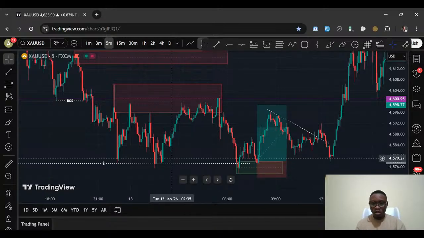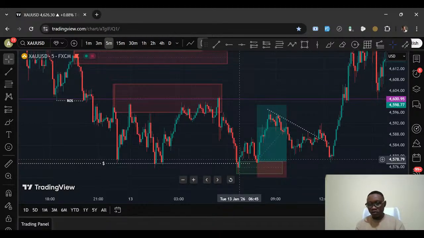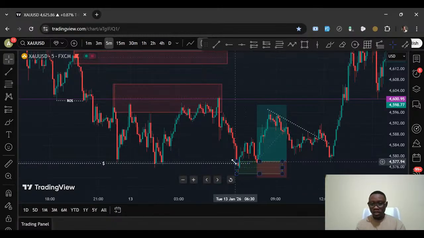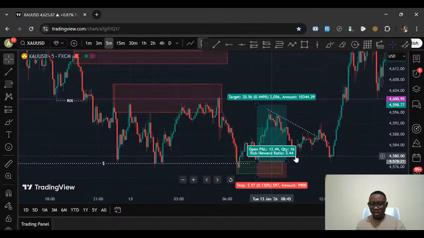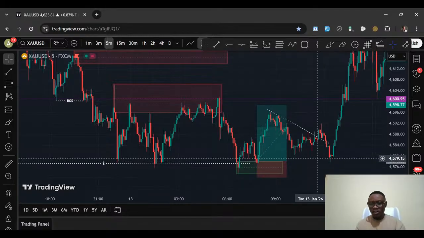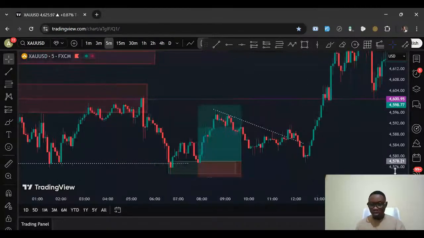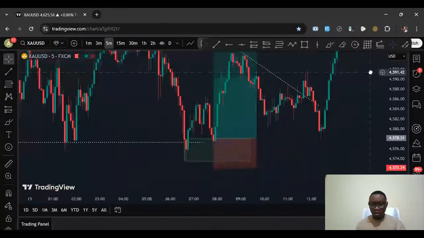This order block swept liquidity before it was created, and that was one of the factors that made me take this trade yesterday. The moment I identified this, I marked out my zone, and it met all the criteria for a valid order block zone, which includes the fair value gap. If you look at this, there was a fair value gap here. Let's zoom in.